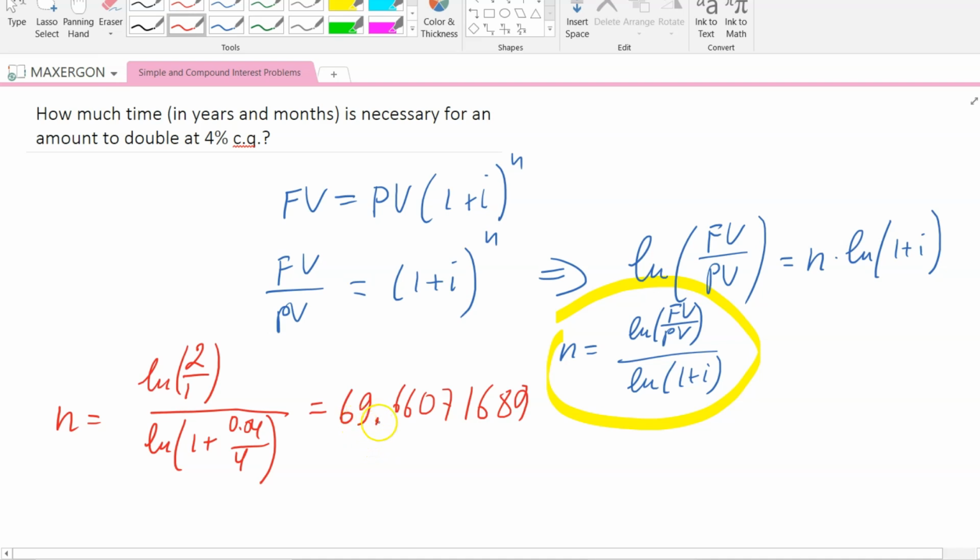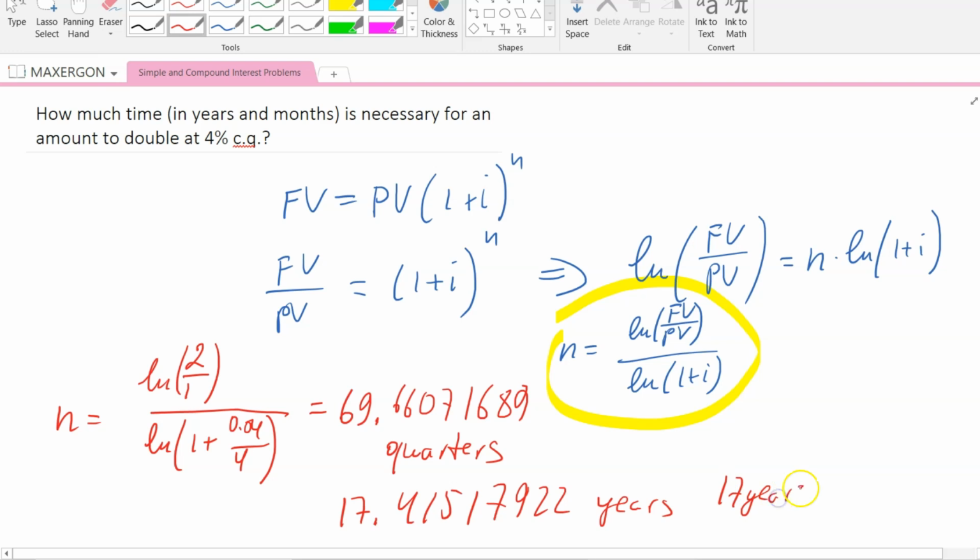So we have 69.66 quarters because the rate is compounded quarterly. So I'll write here quarters. Now we need to convert quarters into years and months. So dividing by 4, I see that it's 17.41517922 years, which is of course 17 years, and then 4.98 months.